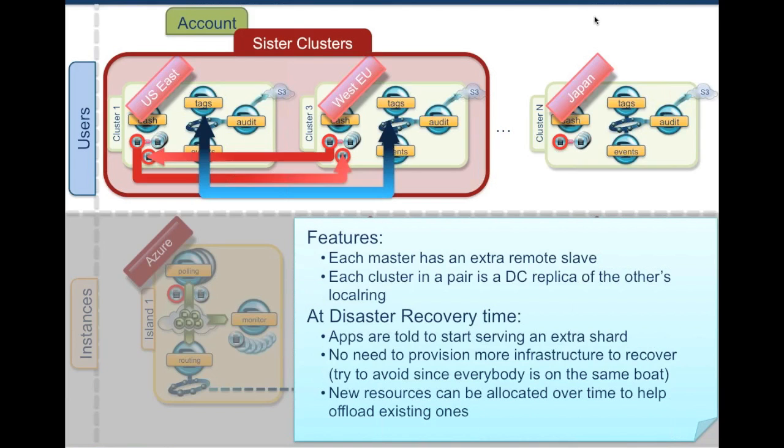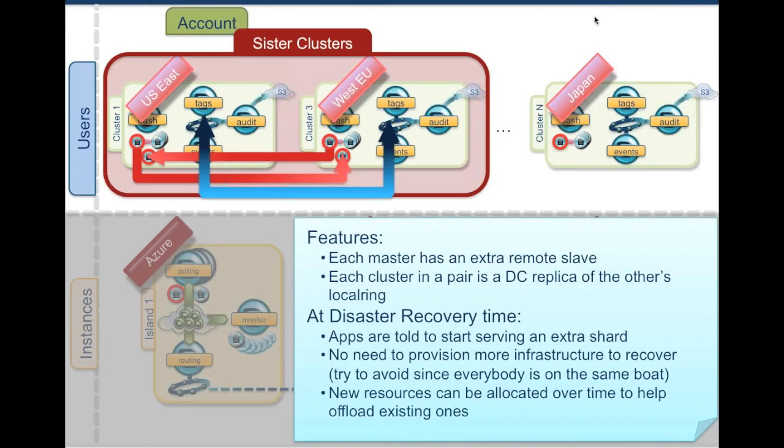So let's assume that this US East cloud goes down, the whole cloud. Then we want to re-enable the customers that were living in US East, in cluster 1 to be specific, to be served from cluster 3. The first thing one can think of is to say, okay, cluster 1 went down, so we go to cluster 3 and start relaunching more dashboard, more tag services, more audits, more events, and all the other services that compose RightScale, and point them to the databases that we have replicated over there.